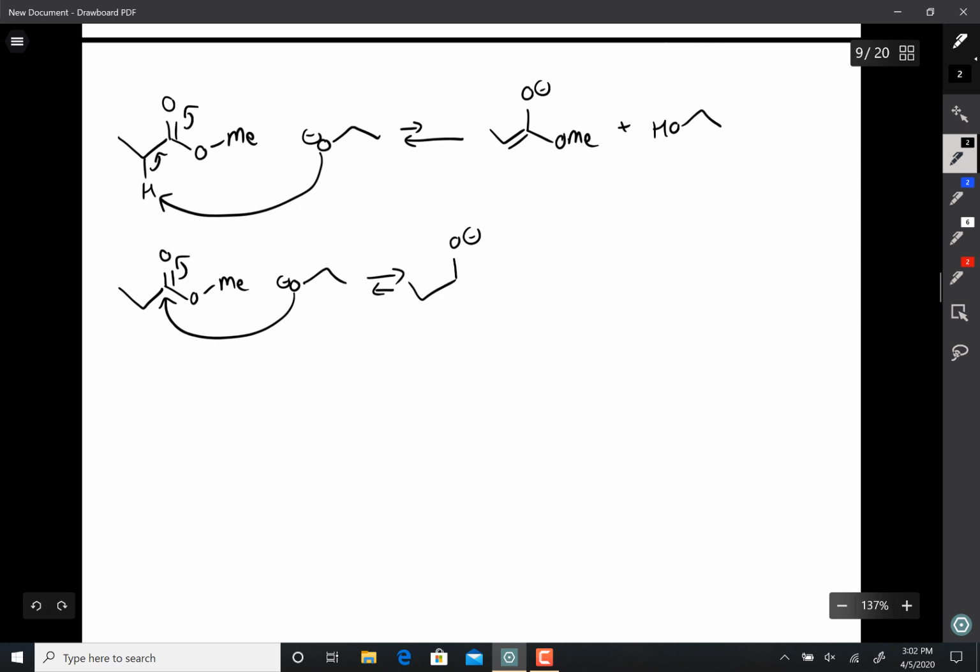This reaction is quite reversible. This reaction is simply transesterification.